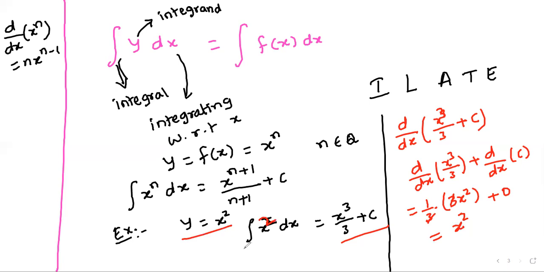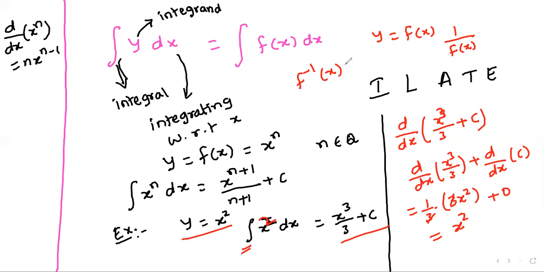That means we can say that integration and differentiation are reciprocal to each other. We cannot say inversely proportional, because suppose I consider a function y equal to f of x. 1 by f of x is the reciprocal function, while the inverse function is f inverse of x.